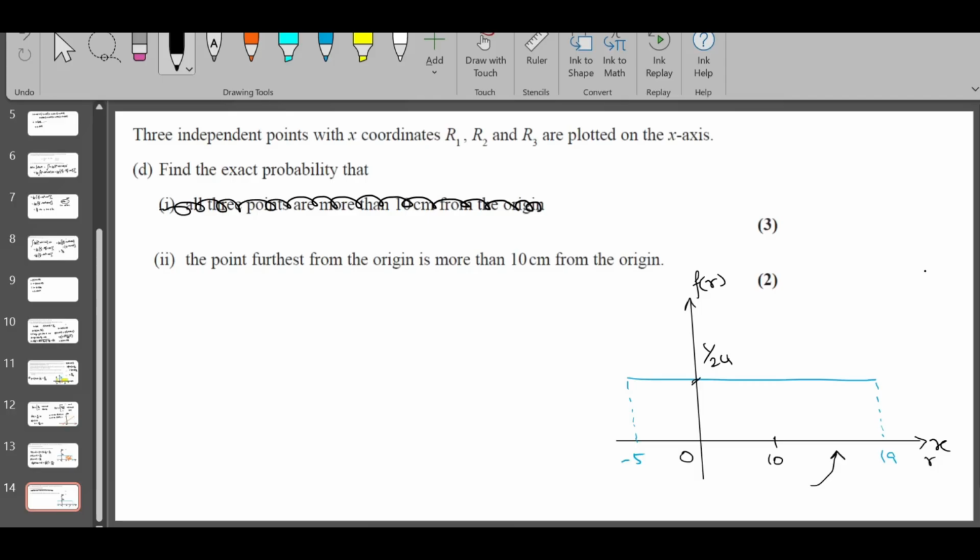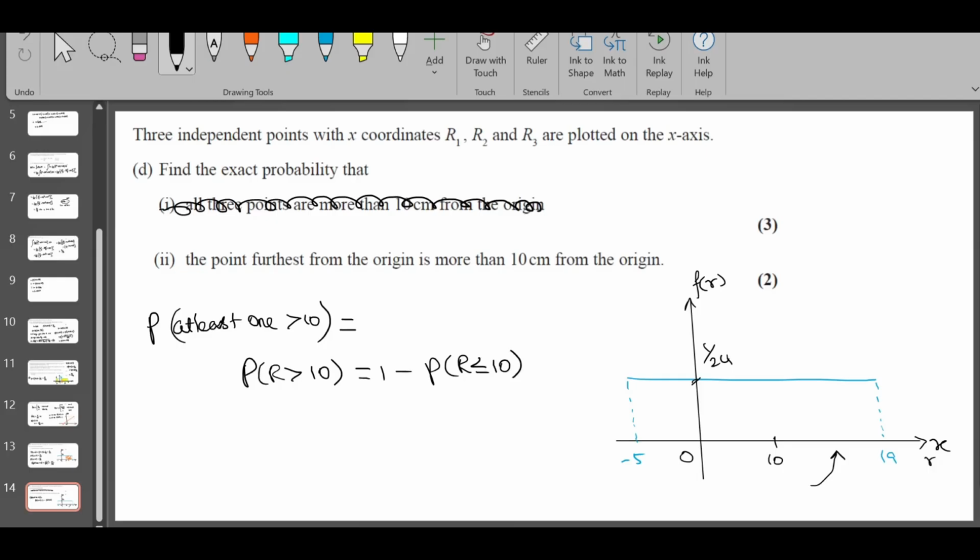The point furthest from the origin is more than 10 centimeters. So we need to find the probability that at least 1 point is greater than 10, which is the same as 1 minus P of R less than or equal to 10.